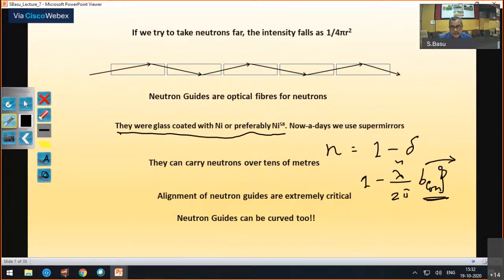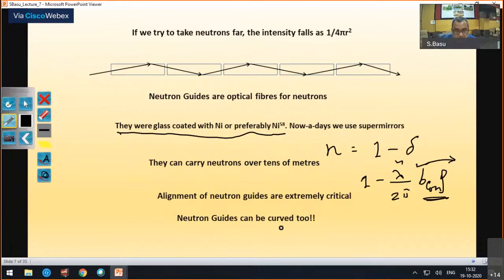So it's reasonable to understand that this diffraction also depends on b coherent. More will be taught about this, about refractive index and neutron reflectometry, in a later module.